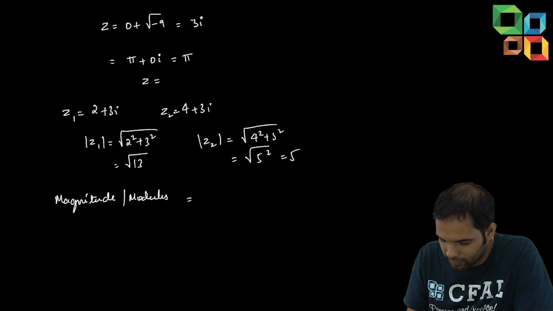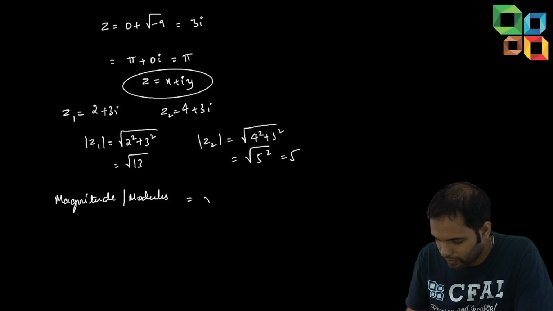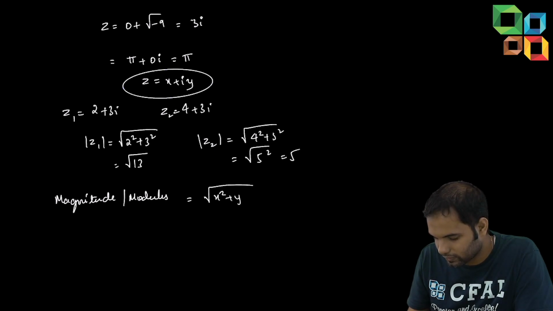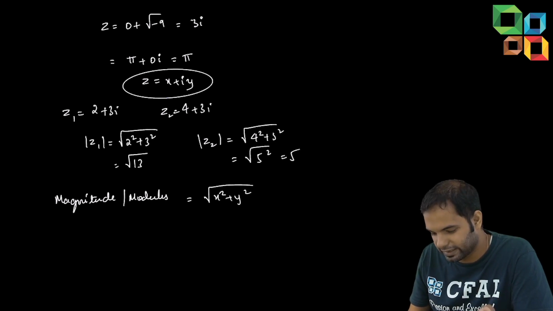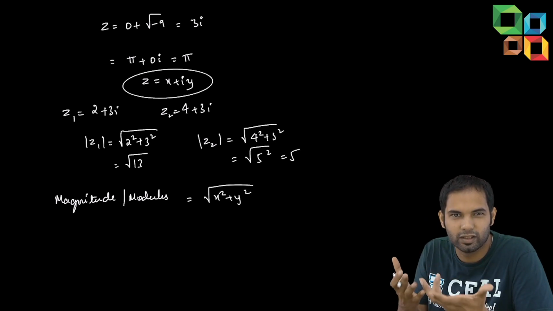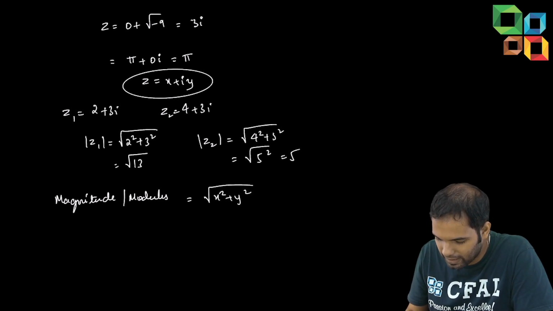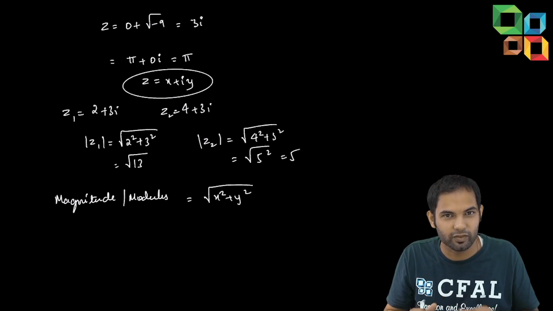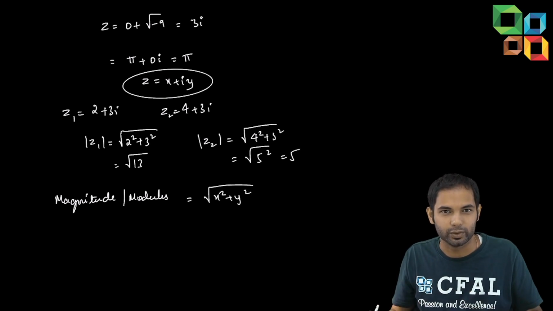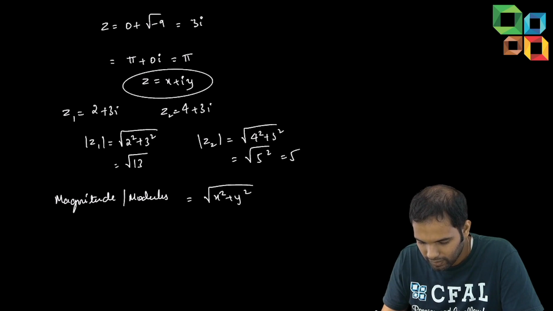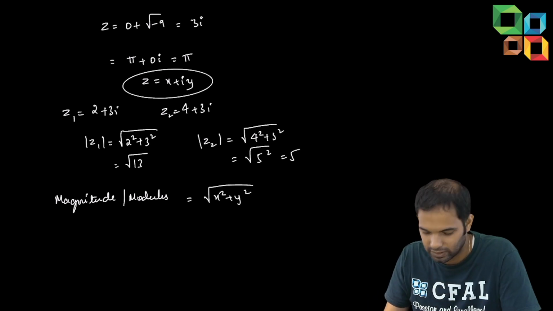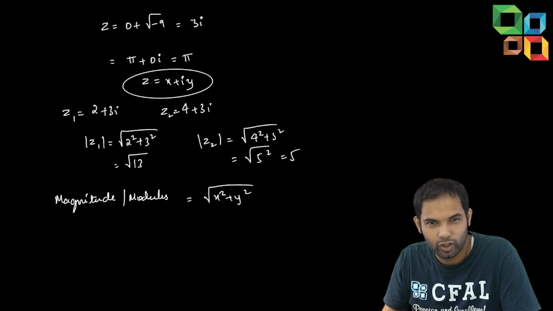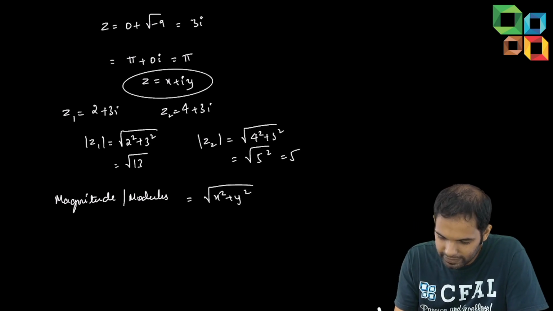So let me write x plus iy. The magnitude will be root of x square plus y square. Now if it's negative, again we can write minus x whole square, so it will still be x square. It doesn't really matter. So this is one of the important properties of a complex number. We talk in terms of magnitude or modulus. There's one more important part, which will come later when we talk about the graphs of a complex number. This is just to complete the argument here.